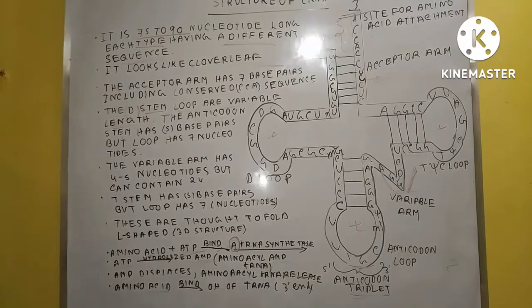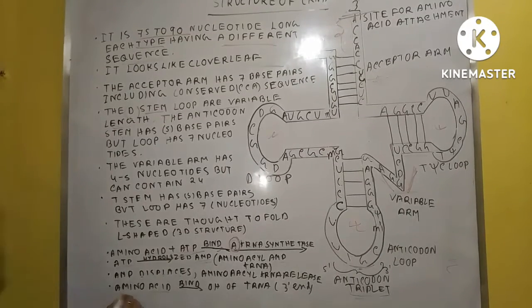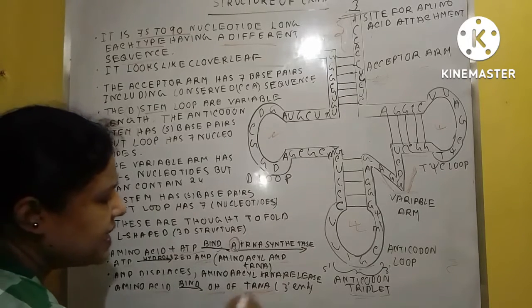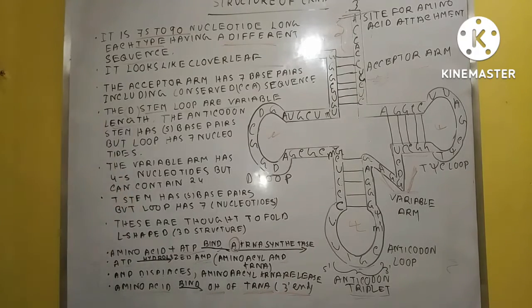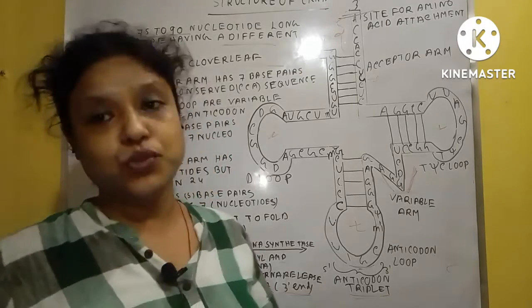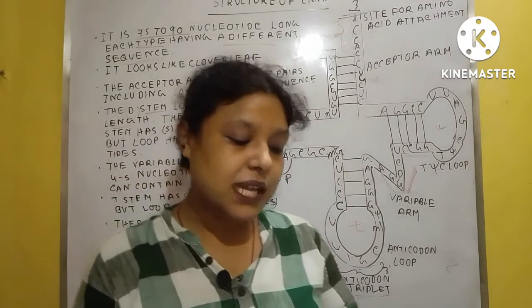Okay, so here where does the amino acid bind? What is the location? The OH of the tRNA 3' end. It generally binds through a covalent linkage, seen between the carboxyl group of the amino acid and the 3' hydroxyl or 2' hydroxyl group of the ribose of the adenine nucleotide.